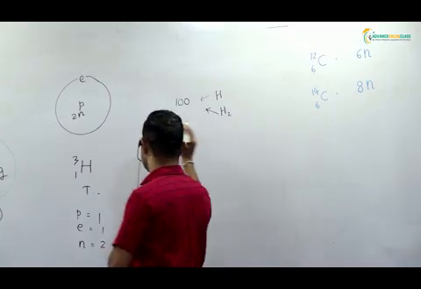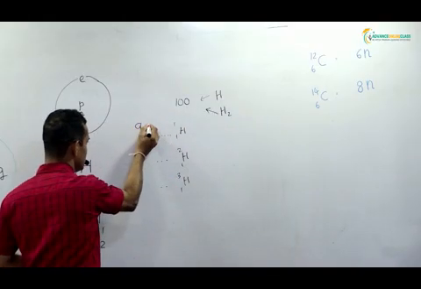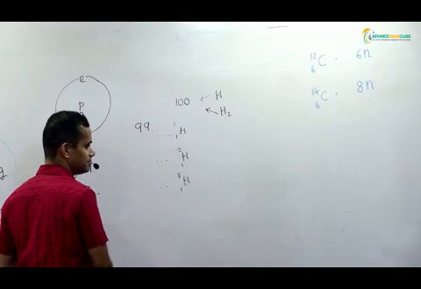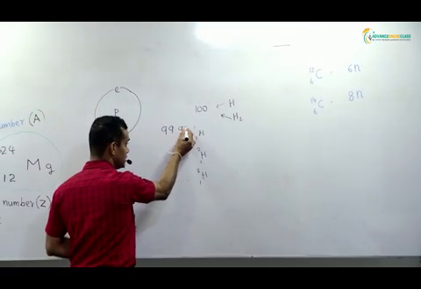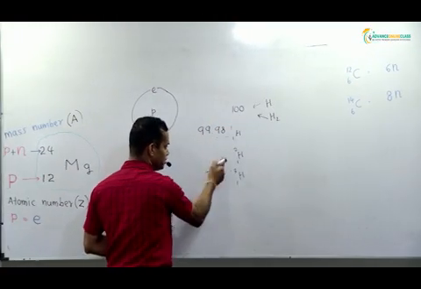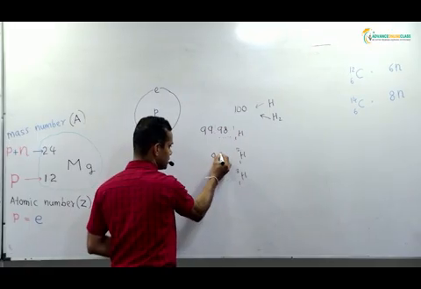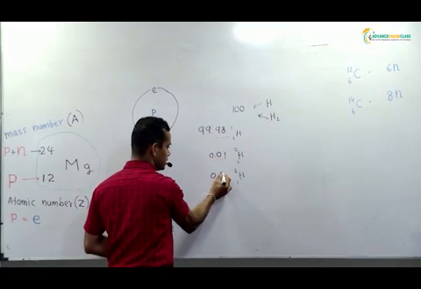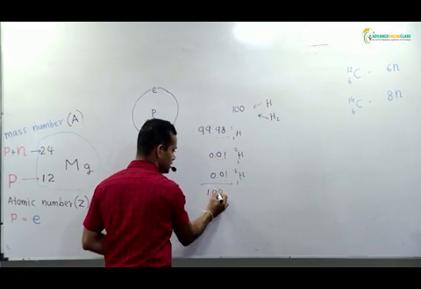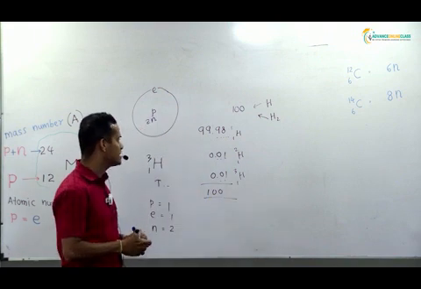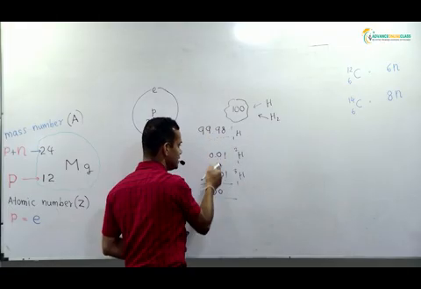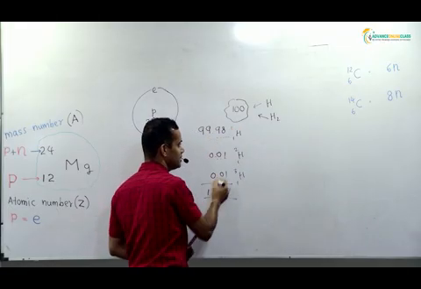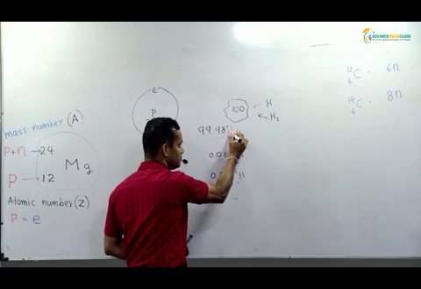We get H-1 about 99.98 out of 100. We get the others 0.01, 0.01. The total is 100. So, percentage abundance means when you take 100 randomly, how much is each as a percentage.